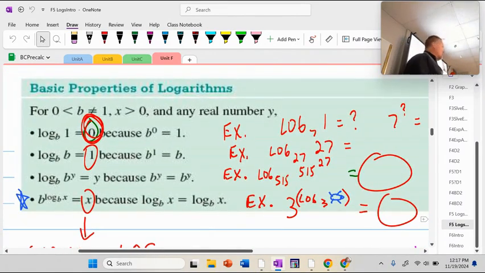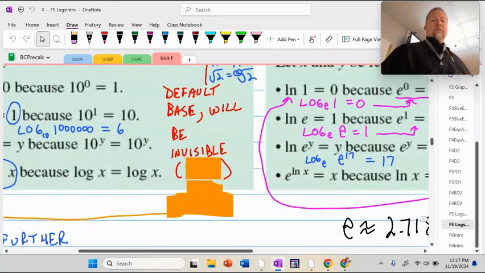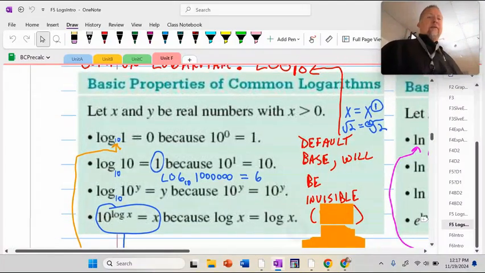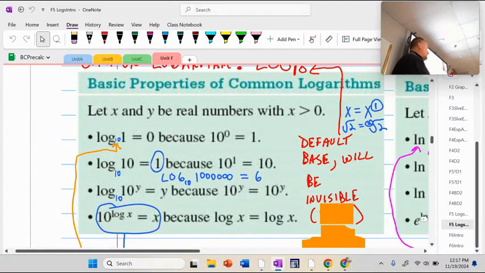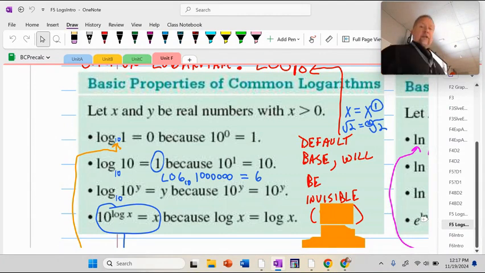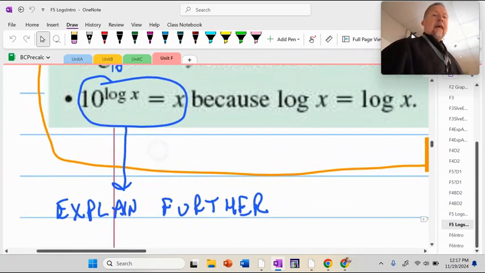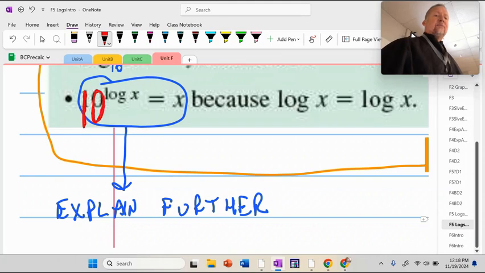I taught that common logarithms are log base 10, but you won't see the base on your calculator. We're actually going to go to the calculator and do this real quick. But then there's this one. Our old book, the only thing it was bad at is showing exponents well.